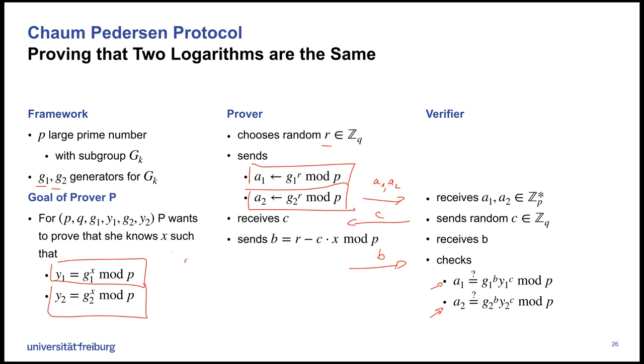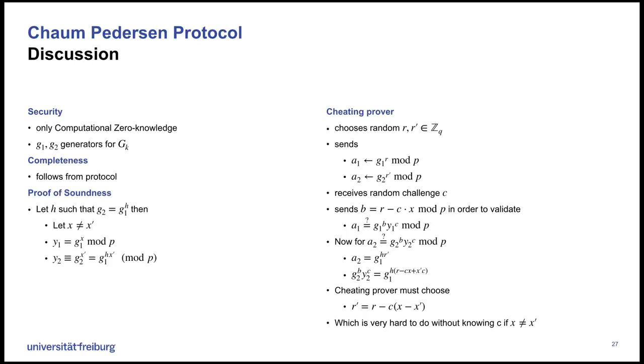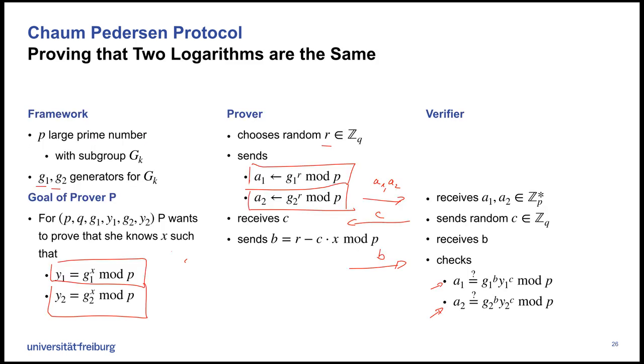Yeah, but do we prove that it's the same exponent? That's the question. So let's see. So first of all, this is only computational zero knowledge. Now, if you want to simulate this protocol somehow, and you don't know the exponent, you have to somehow generate A1 and A2 which have the same exponent to G1 and G2.